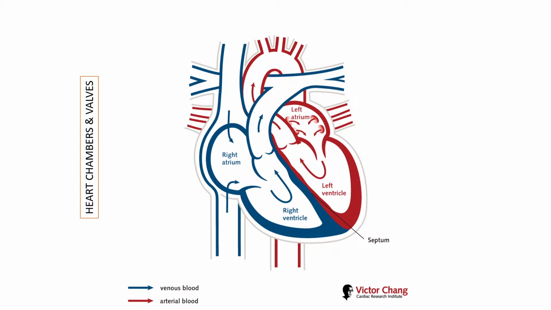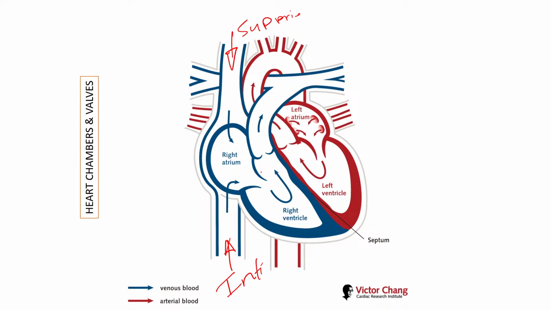This one up here is the superior vena cava, blood coming from your upper system. And then we have the inferior vena cava, this one down here. These veins, venae in Latin, bring blood into the right atrium.